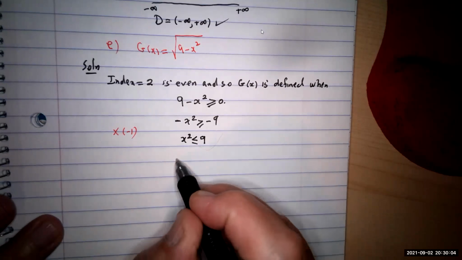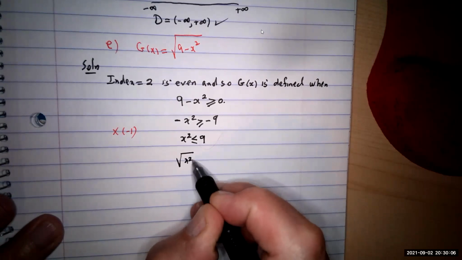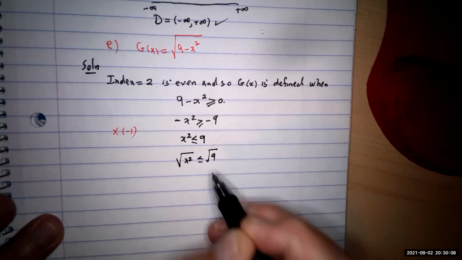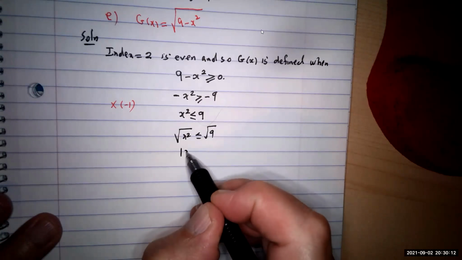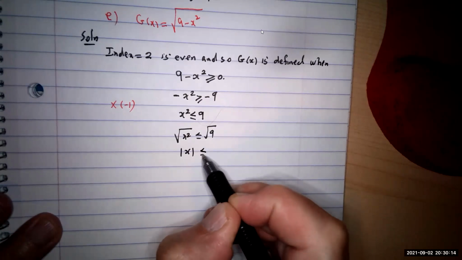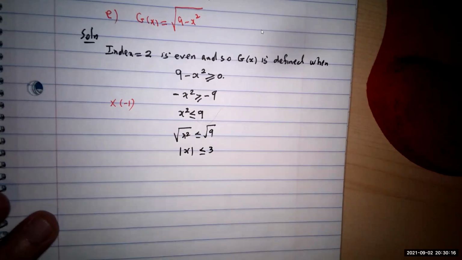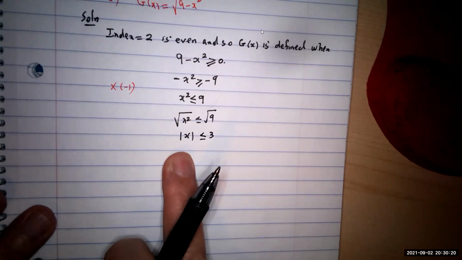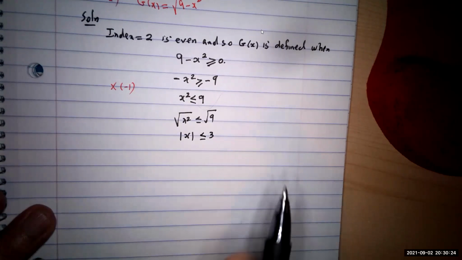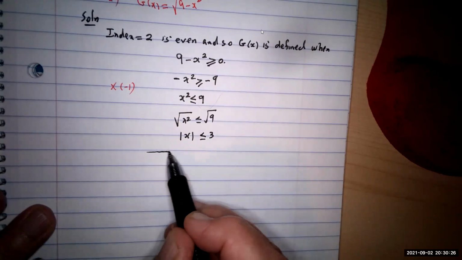Then you take the square root. I told you that the radical of x squared is the absolute value of x. This is going to be less than or equal to 3. So your absolute value is your distance from your home, if you like. So for absolute value less than 3, this is the way we talk about it.